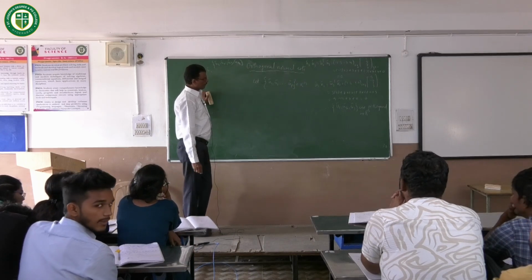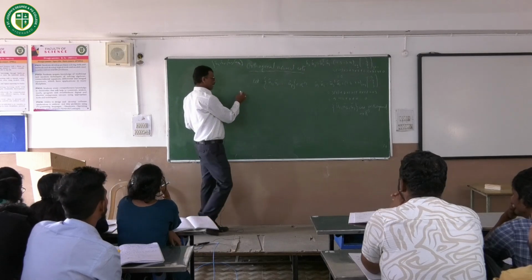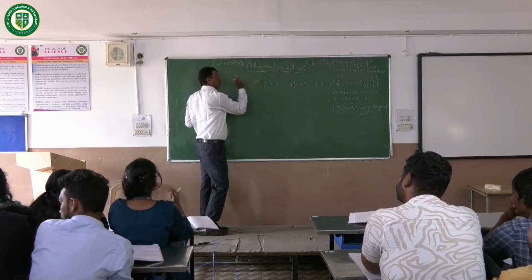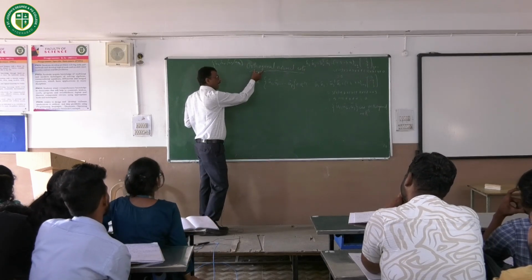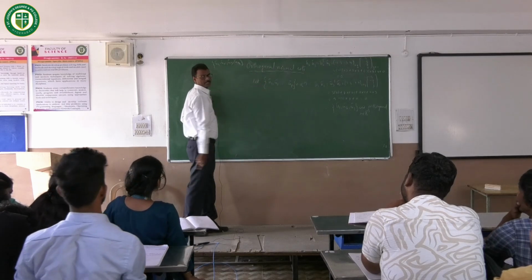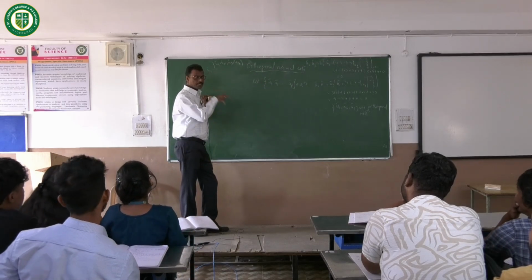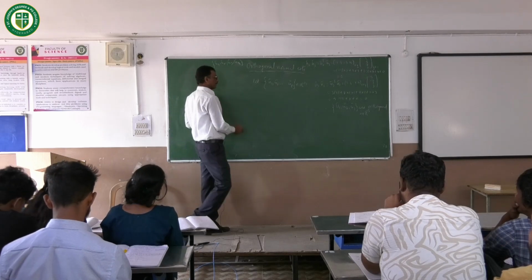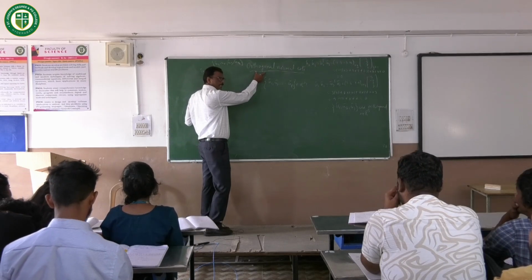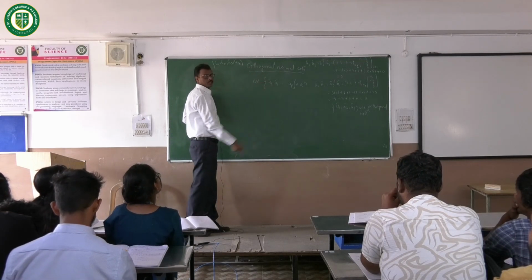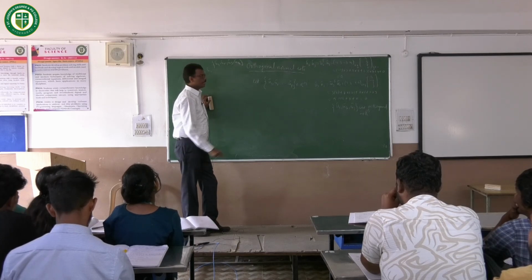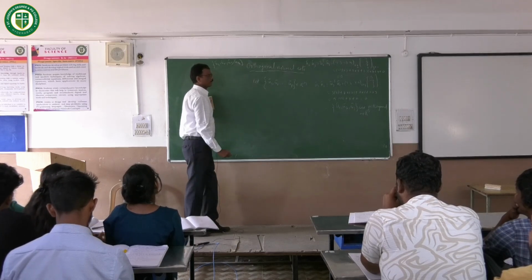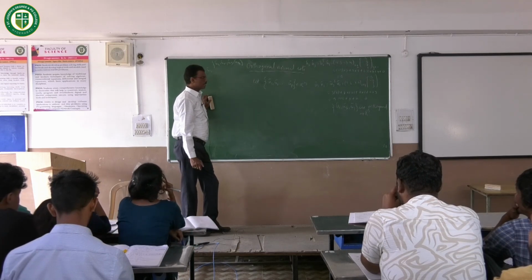Orthonormal sets means compulsorily an orthogonal set of unit vectors. An orthogonal set of unit vectors is called an orthonormal set. So what is the meaning of that? Orthogonal is compulsory, and unit vector is also compulsory. These two properties are satisfied, therefore it is called an orthonormal set.